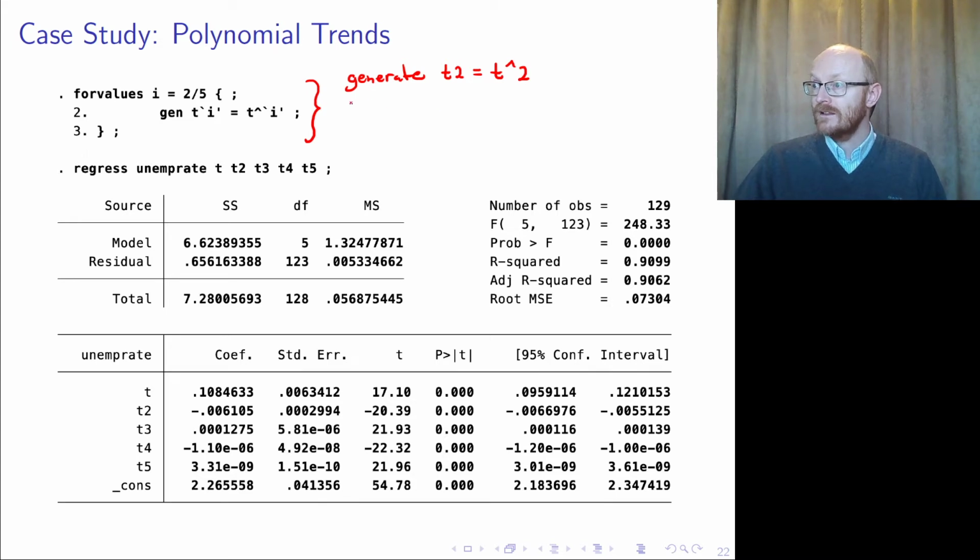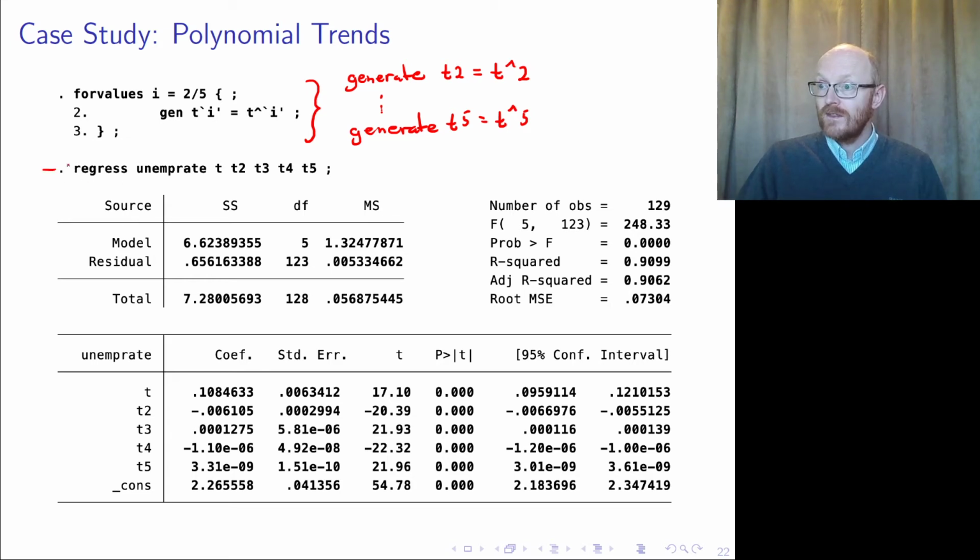We do the same for the 4 variables that we need, and the last one is t5, which gets the value t to the power of 5.